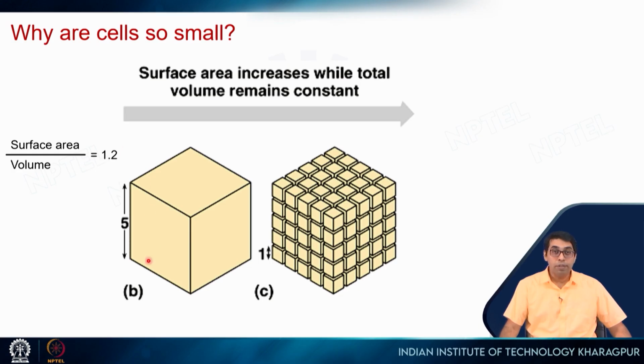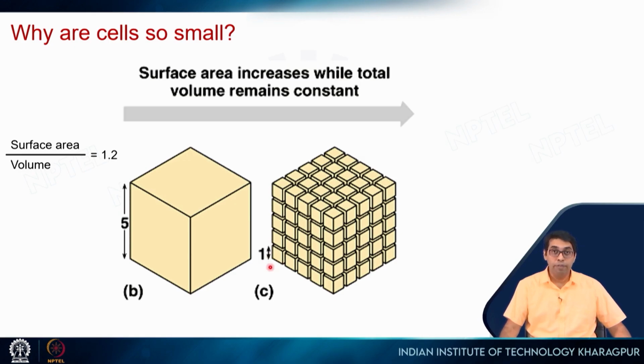Now, instead of having one large cube, what we can do is we can divide this into multiple cubes, where each cube is unit 1 in length, breadth and height. The volume of this cube will be 1, and the surface area will be, so one of this area will be 1 times 1, so that is 1, and then there are 6 faces, so it will be 6.